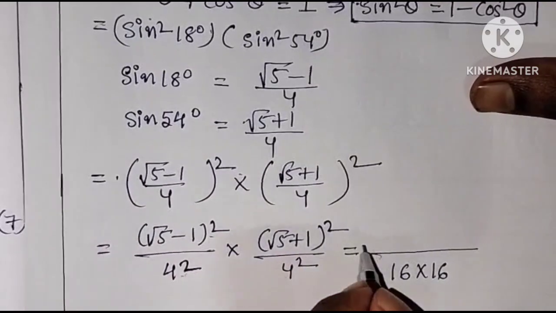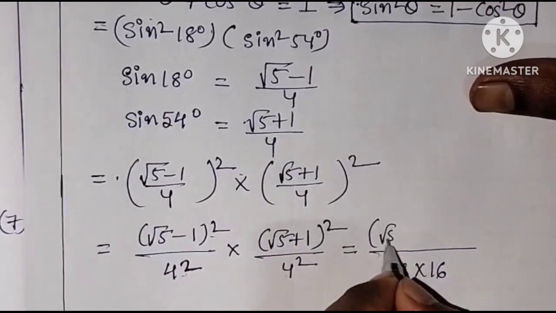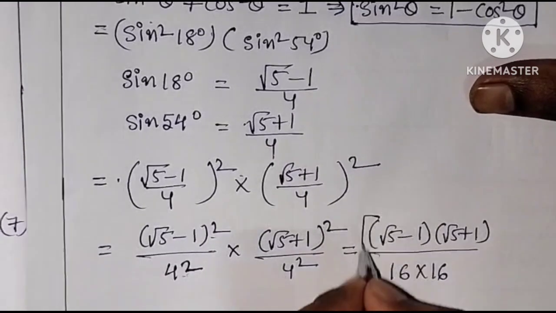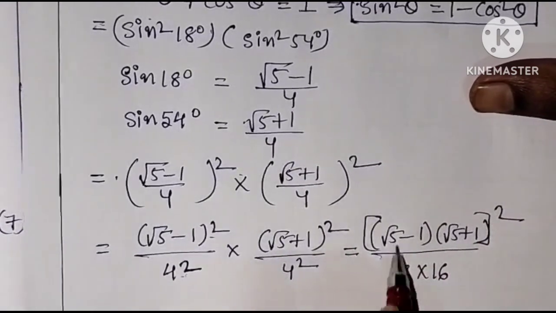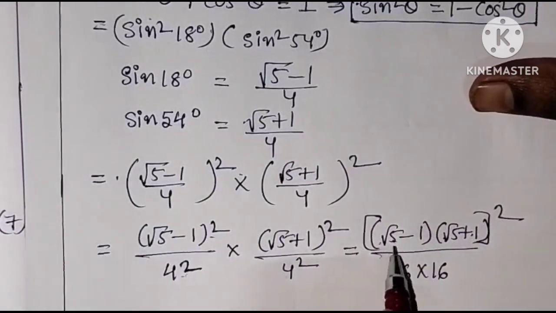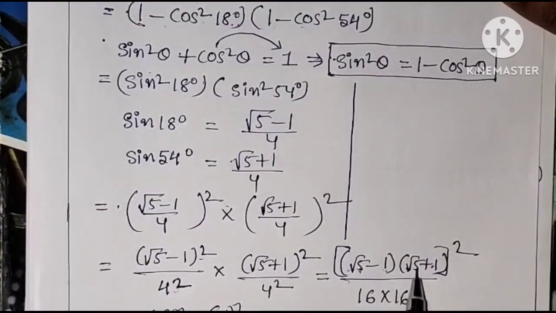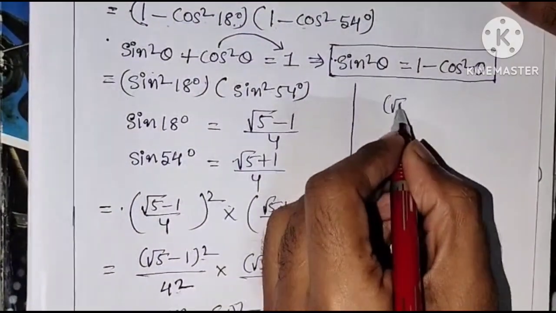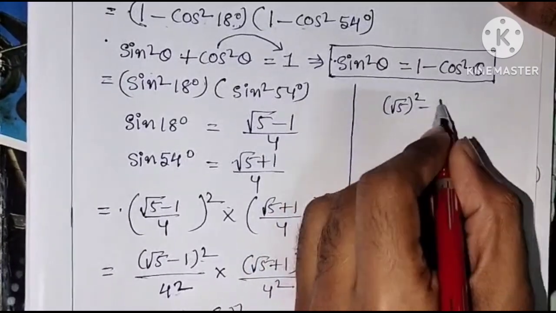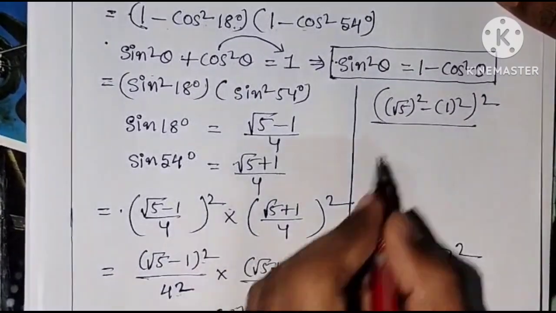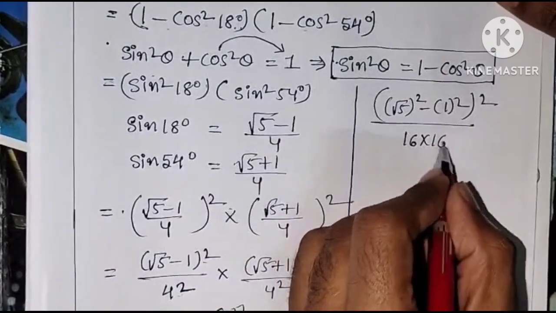So the whole square we can write as root 5 minus 1 into root 5 plus 1, whole square. This is like a minus b into a plus b, which is a square minus b square. So root 5 whole square minus 1 square, whole square, by 16 into 16.